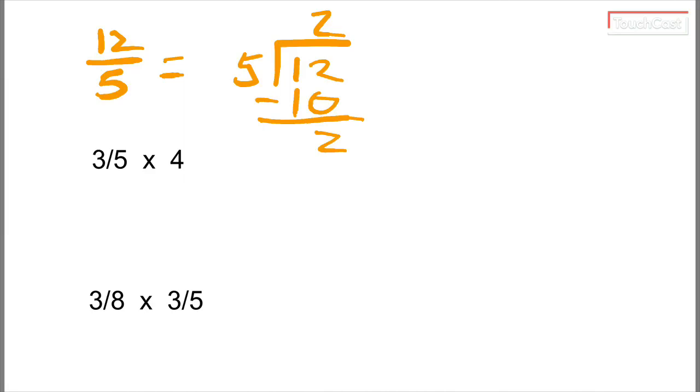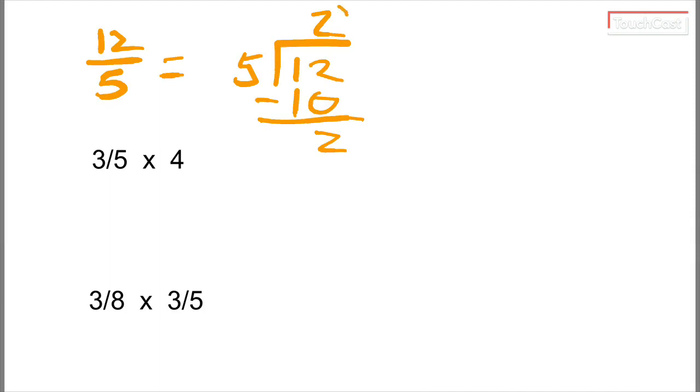Now, there are a couple things that we could do with this answer. However, today, since we're talking about fractions, since we have a remainder, we're going to make it into a fraction.